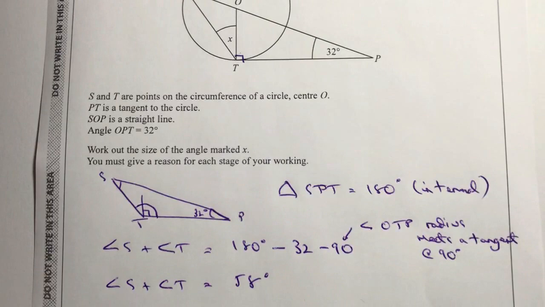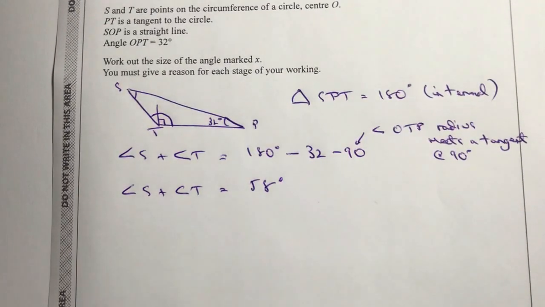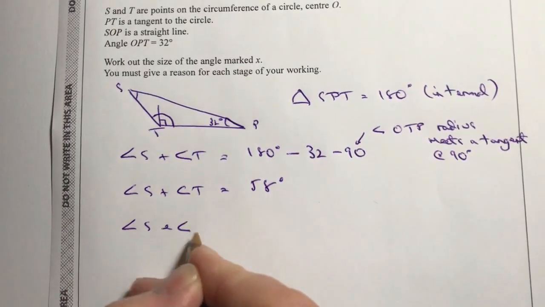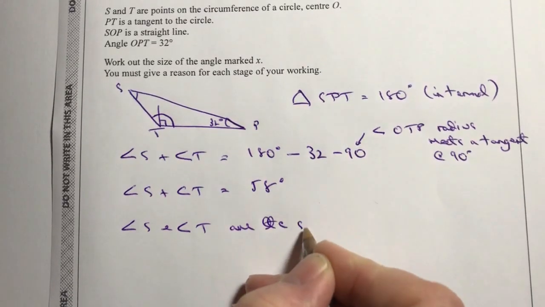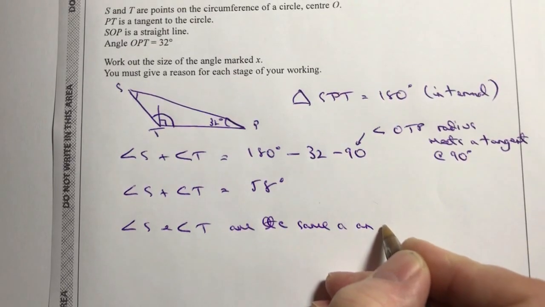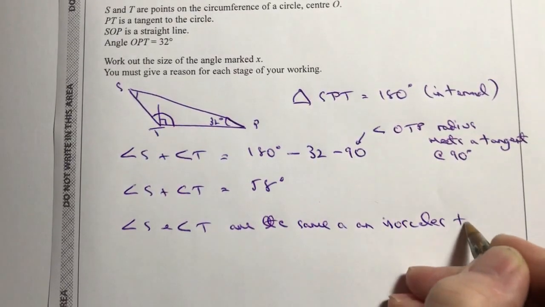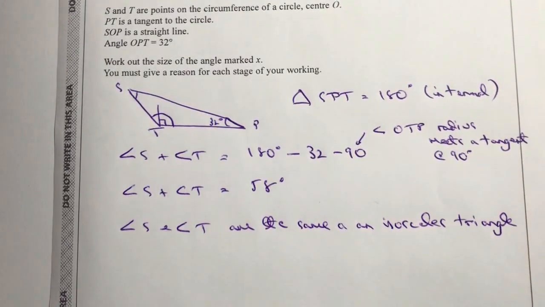Now the second bit of reasoning that you're going to need is that angle S and angle T are the same as it's an isosceles triangle. If you want, you could draw a little bit of a diagram there.